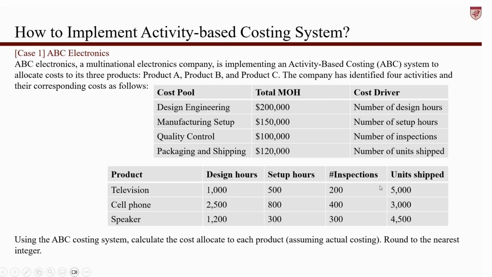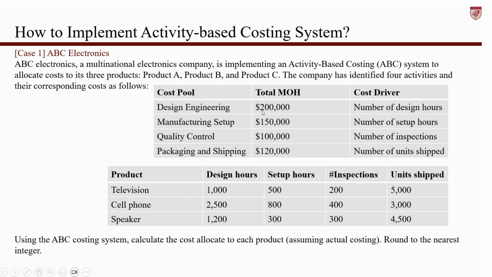And these are the total activity consumptions across different cost objects. So basically, you would allocate based on each activity rate, right? But before looking at the solution that I will lay out to you in the next slide, please give yourself 5 to 6 minutes to get your hands dirty first.